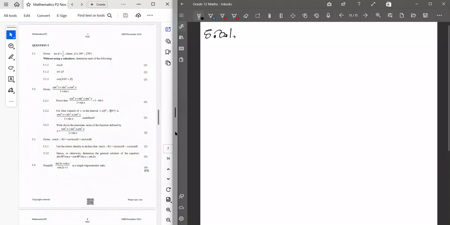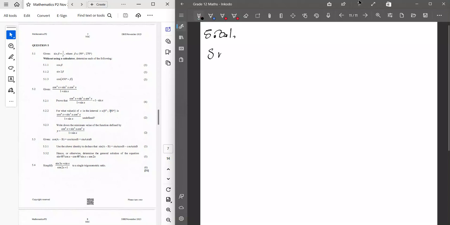Here they're saying you are given cos(A minus B), so you need to use cos(A minus B) in order to get sine(A minus B). I'm going to begin with sine because we want to prove sine.